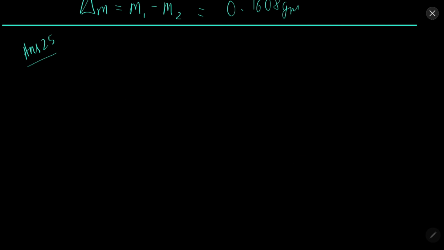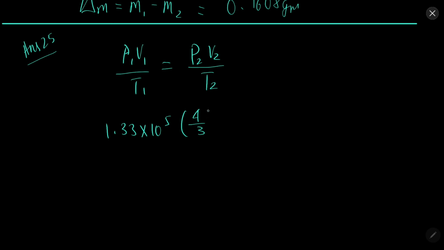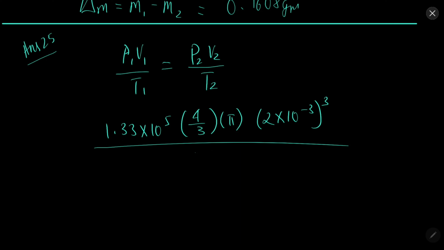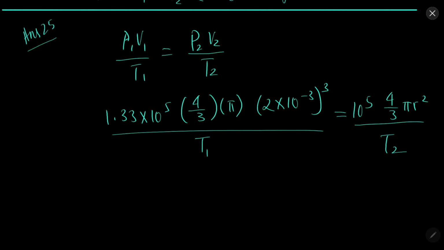So here P1 V1 over T1 equals P2 V2 over T2. 1.33 into 10 to the power 5 into 4 by 3 pi into 2 into 10 to the power minus 3 cube over T1 equal to 10 to the power 5 into 4 by 3 pi r cube over T2.